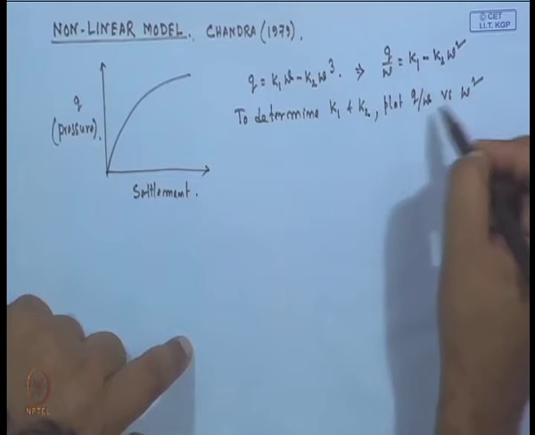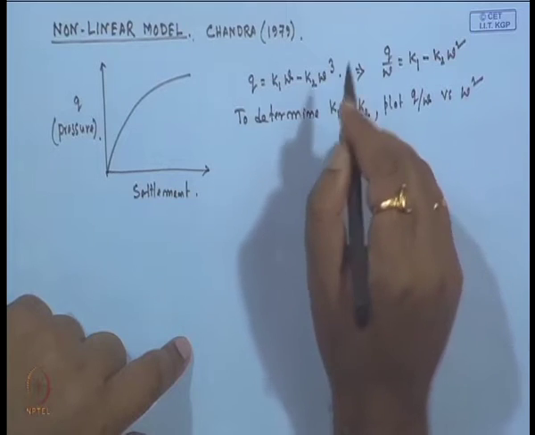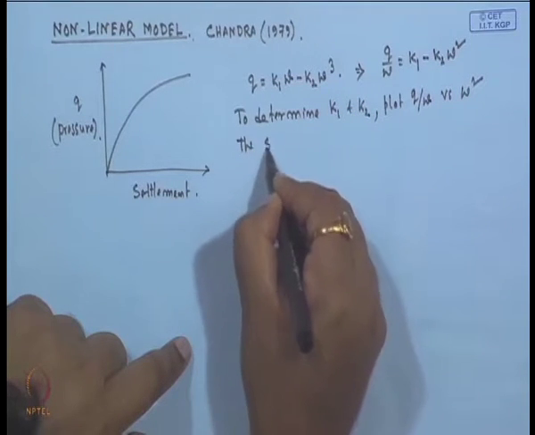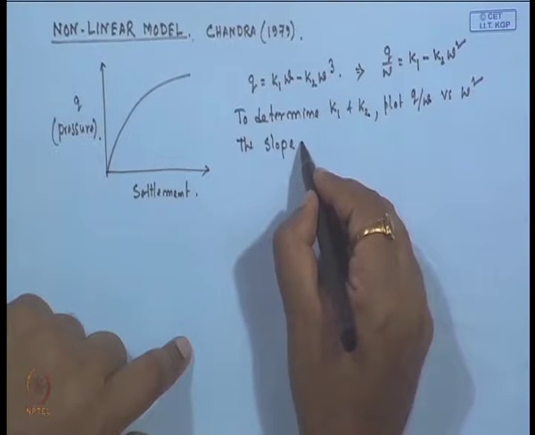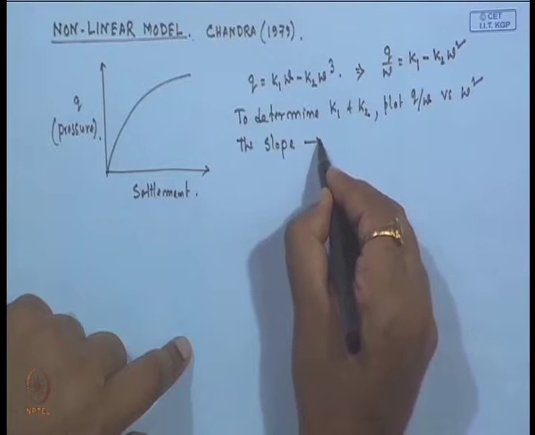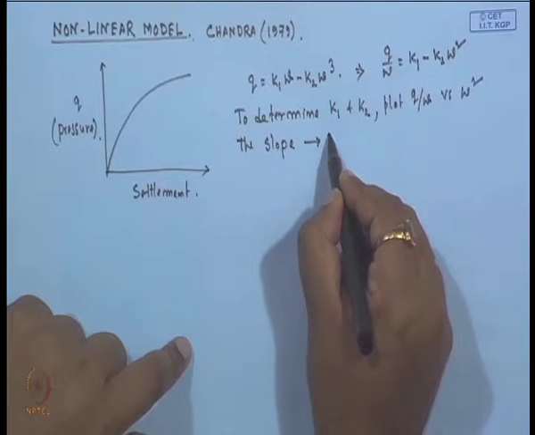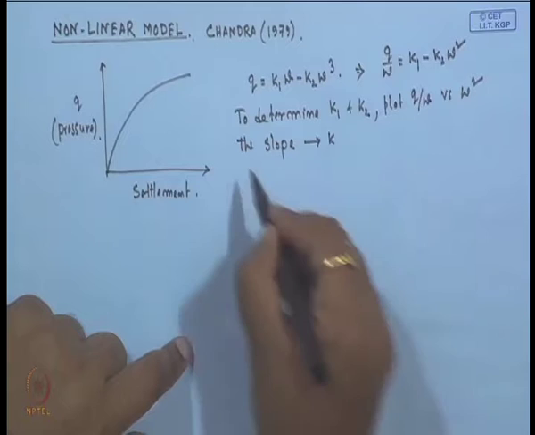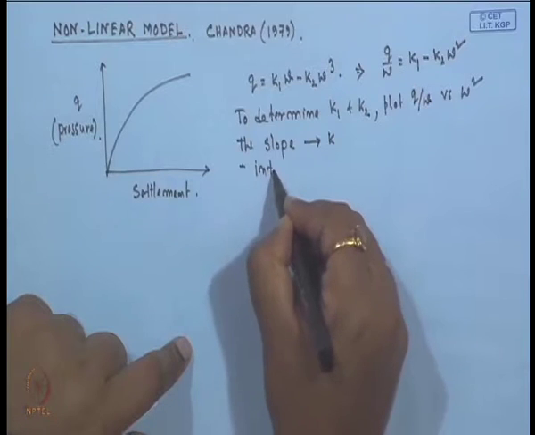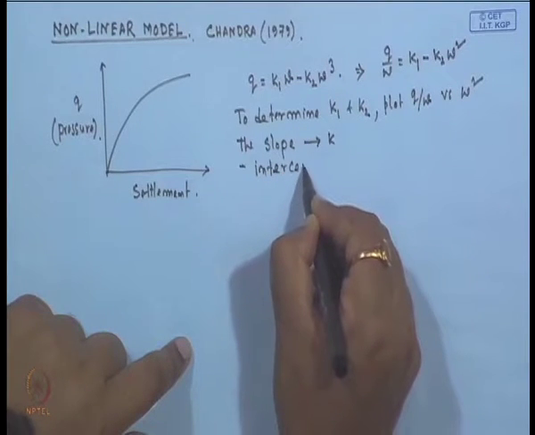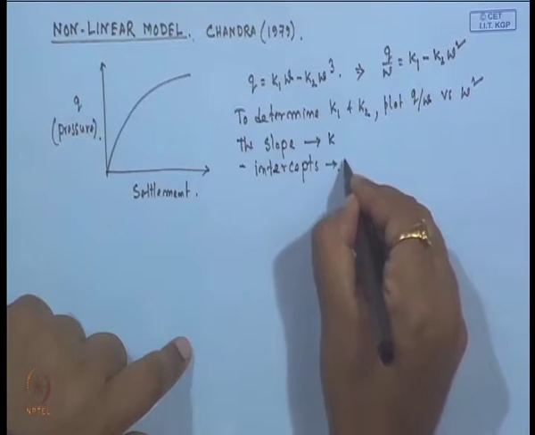If I plot this Q by W versus W square, then the slope of this line will give the K 2 value and the intercept will give the K 1 value.